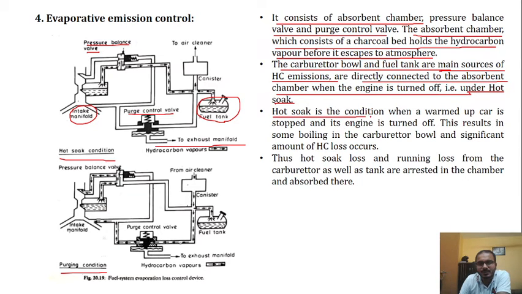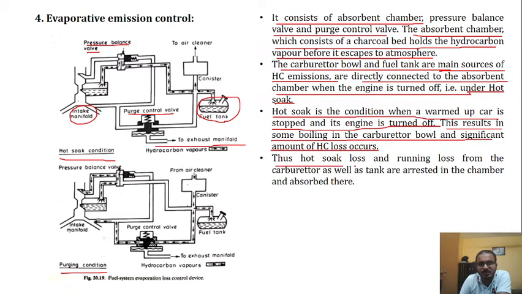So the hot soak condition is what? The hot soak condition is when a warmed up car is stopped and its engine is turned off. This results in some boiling in the carburetor bowl, and a significant amount of hydrocarbon loss occurs.